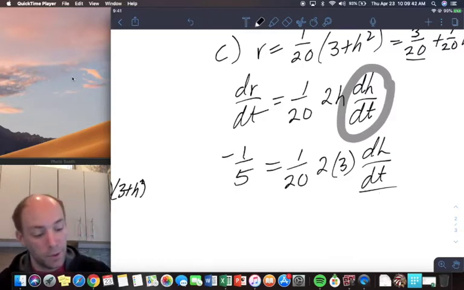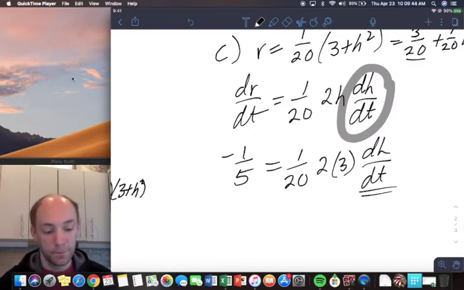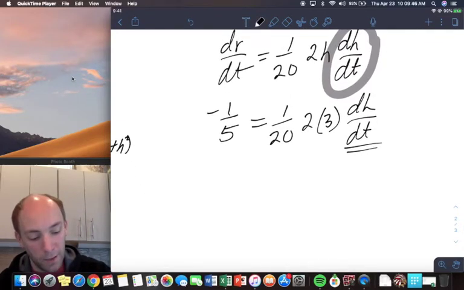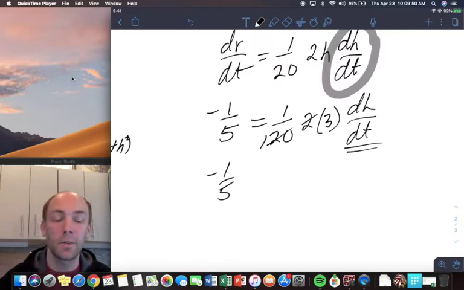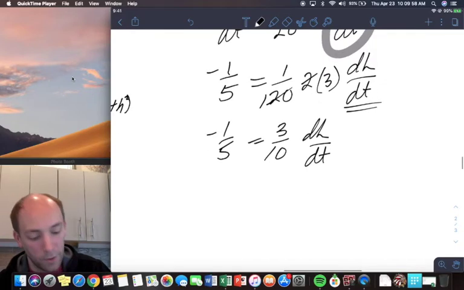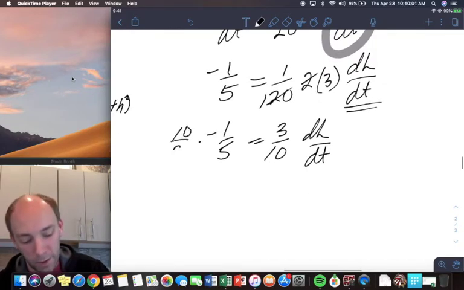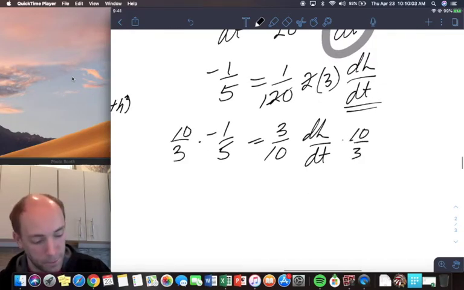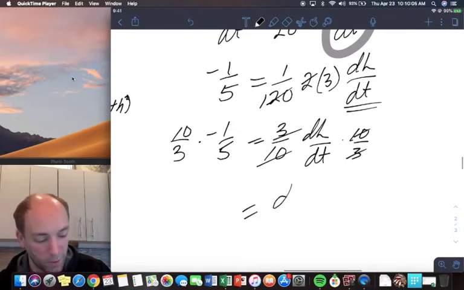So all we need to do is solve this for dh/dt. The 2's would cancel, and I'd be left with 10 in the denominator. So that would be 3/10. Then I'll multiply both sides by 10/3, so that these fractions cancel out and I'm left with dh/dt.